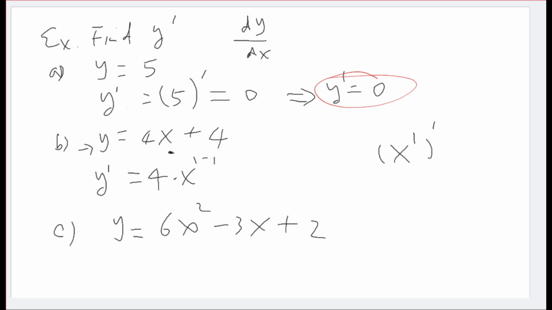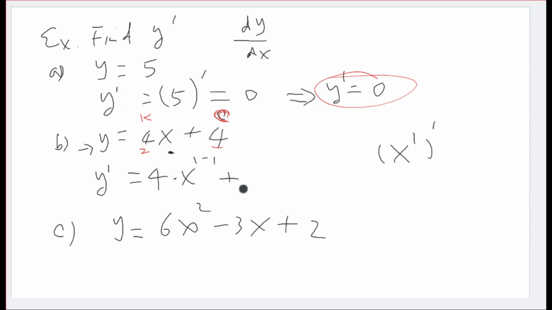Plus, now, what's the derivative of 4, this term? Well, this 4 is by itself, so we would consider this as a C term, and this guy as K because it's attached to something else.